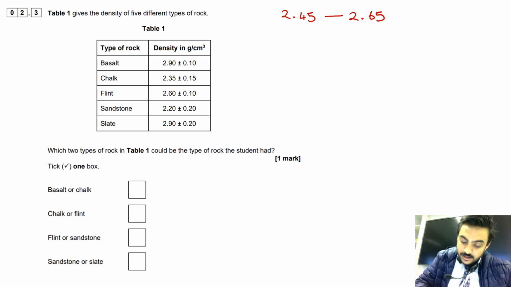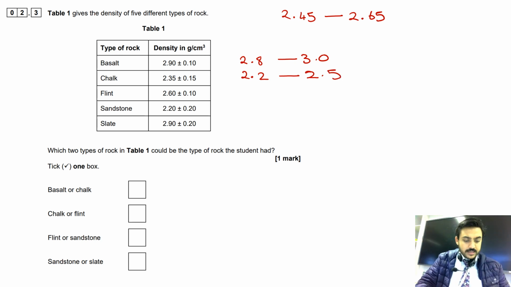Basalt is going to be 2.9 minus 0.1, which is 2.8, up to 3.0. Chalk is going to be 2.35 minus 0.15, which is 2.2, up to 2.5, if I'm correct. Yep.